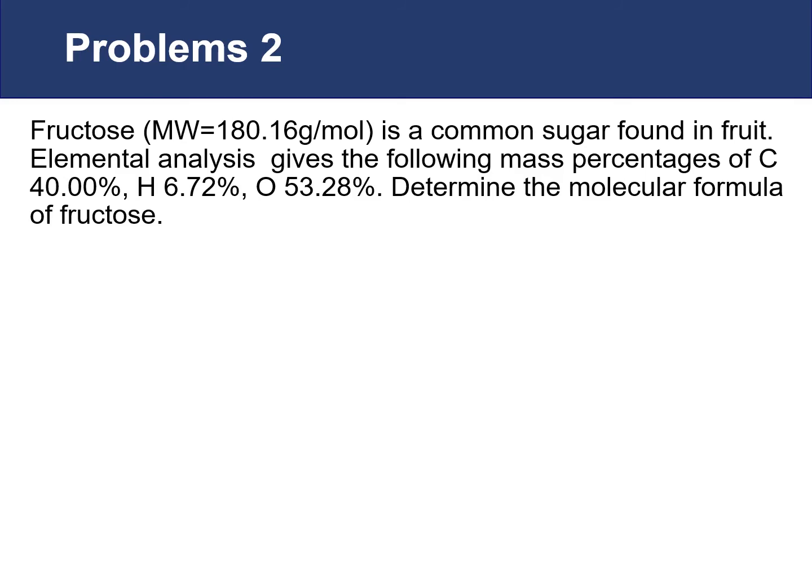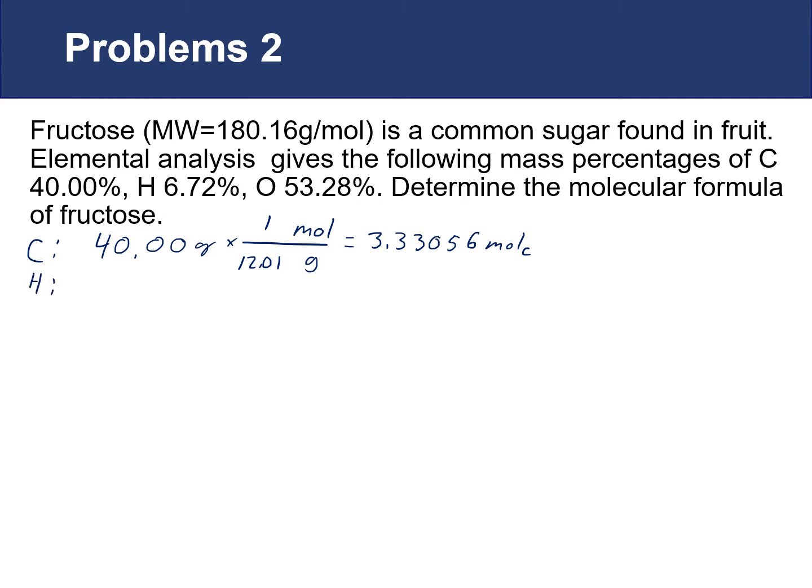So if we have, for carbon, 40.00 grams of carbon, we can multiply this by the molar mass, having grams on bottom, mole on top. 1 mole is 12.01 grams. This gives 3.33056 moles of carbon.